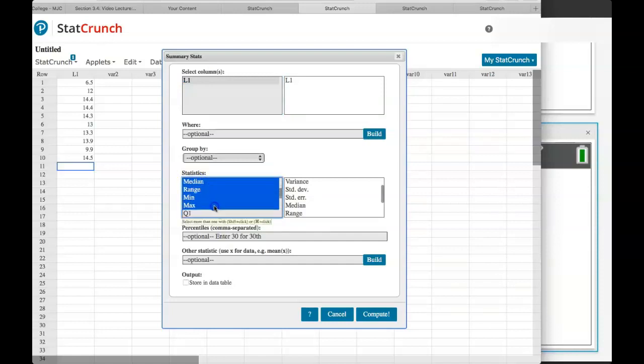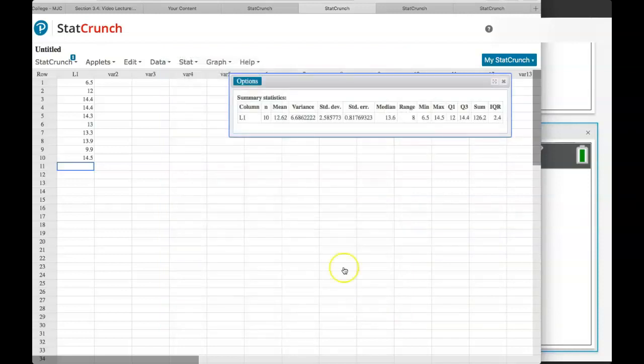So we have Q1, okay, interquartile range. For that part, I'm choosing all these. Now we have the interquartile range on the right side. Then Compute. In total, we have 10 numbers. The mean is exactly 12.62, the same as the TI-84.